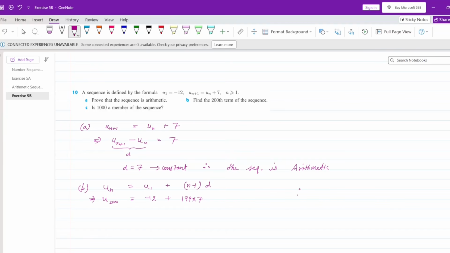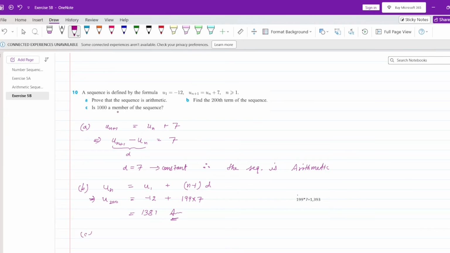So we can say 199 times 7 equals 1393. So this number is going to be 1393 minus 12, that is 1381.